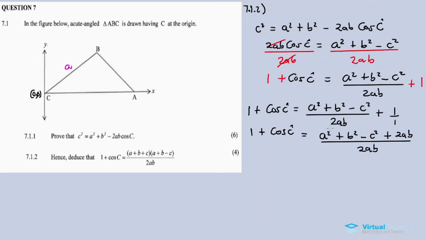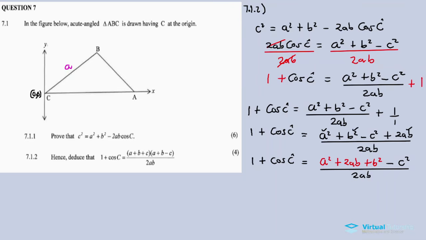Now the aim of simplifying here is to have these brackets out, but the brackets would come out anyway, right? So check out something. Here a squared, b squared, and 2ab, when I add them, I get what we call a perfect square, right? A perfect square, a squared plus 2ab plus b squared.